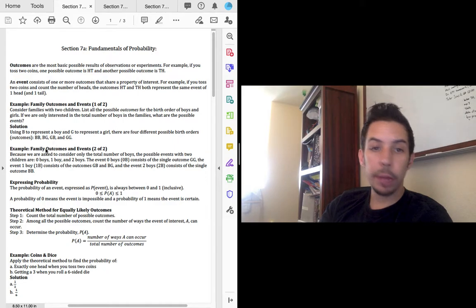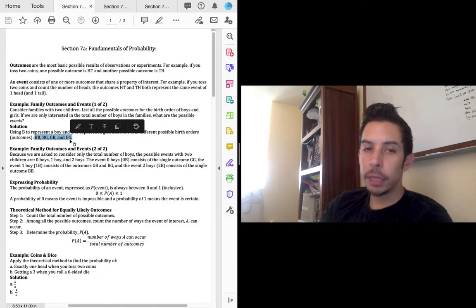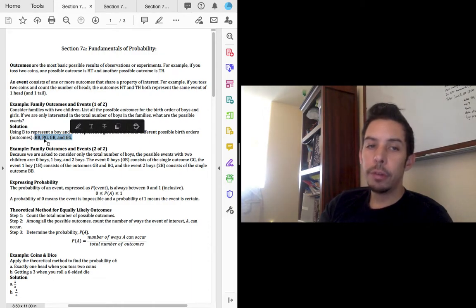And the third event could be, what if I get two boys? And so what we can see is that of those four outcomes in the original example, I can break those four outcomes into three separate events. One of those outcomes represents two boys, one of those outcomes represents no boys, and two of those outcomes represent having one boy.